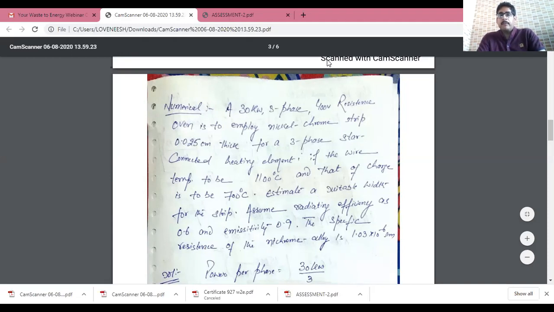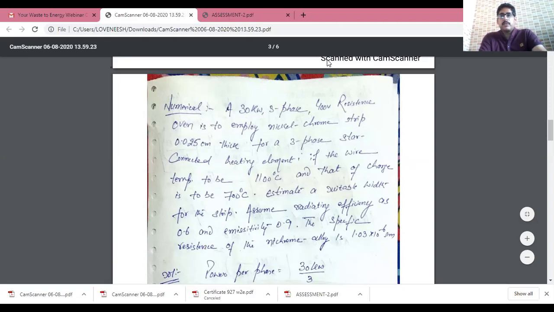If the wire temperature is to be 1100 degrees Celsius and that of the charge is to be 700 degrees centigrade, estimate the suitable width of the strip. Here the thickness is given in the numerical, that is 0.025. We have to calculate the width of the strip.